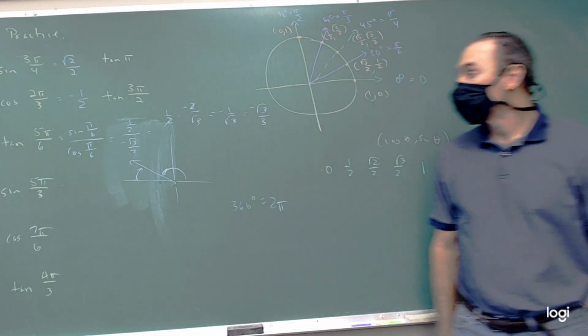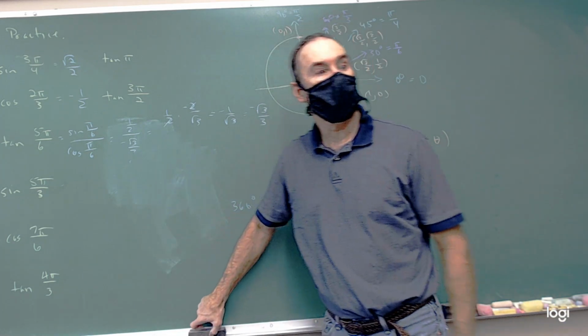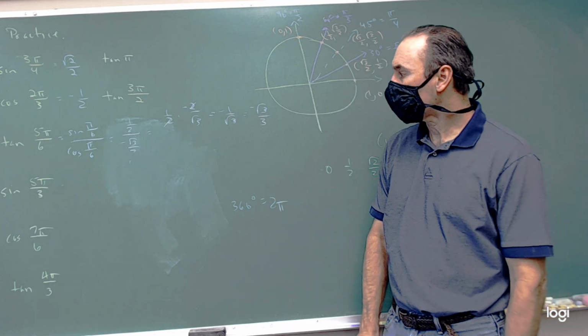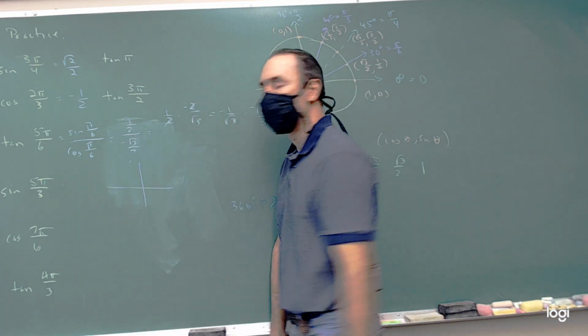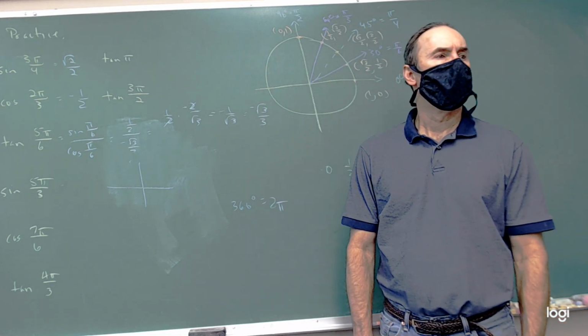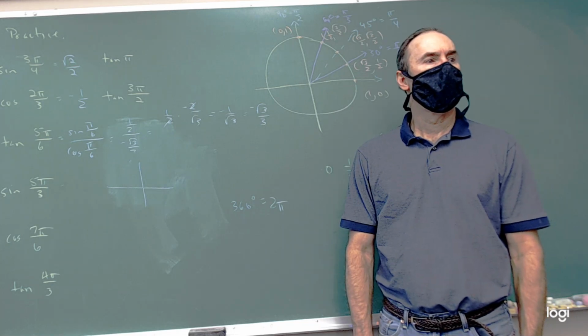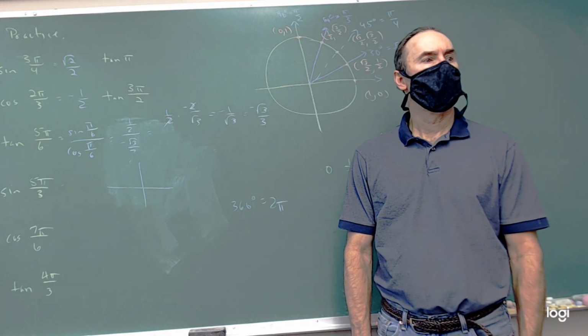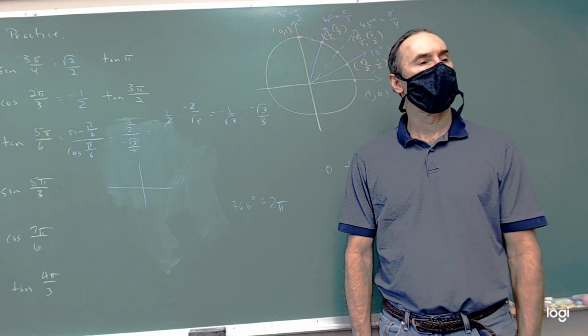Okay, so on to sine of 5 pi over 3. Can you walk us through that, Colby? So in radians, that would be equal to, wouldn't it be pi over 3 in the first one? Yeah, and which quadrant are we in? Right now, since it's 5/3, we're in the fourth one. Very good.